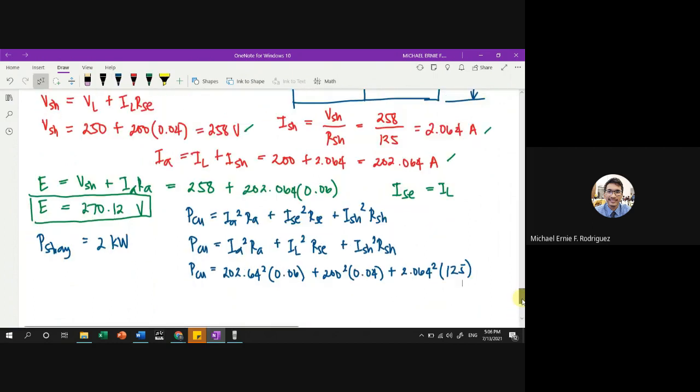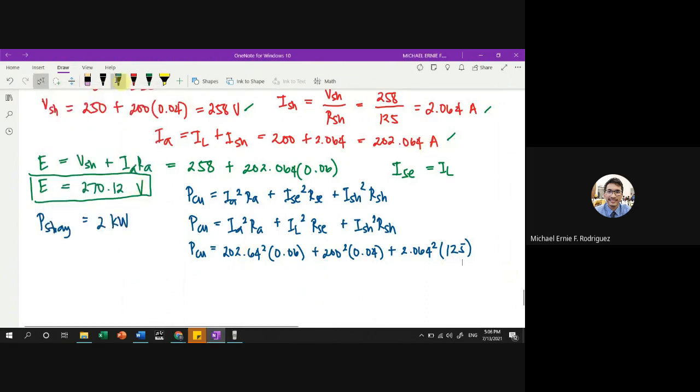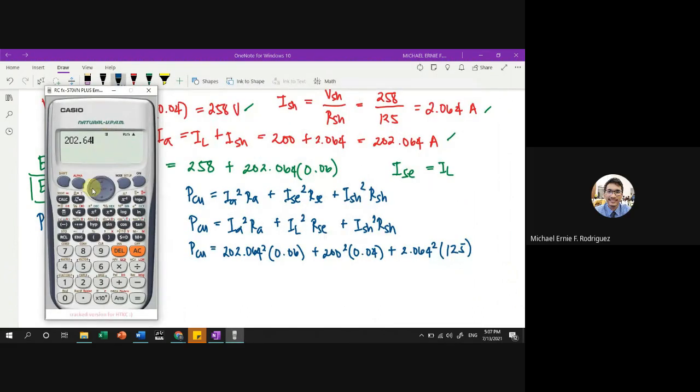Okay. So, calculator natin to. So, we have 202.064 squared times 0.06 plus 200 squared times 0.04 plus 2.064 squared times 125.